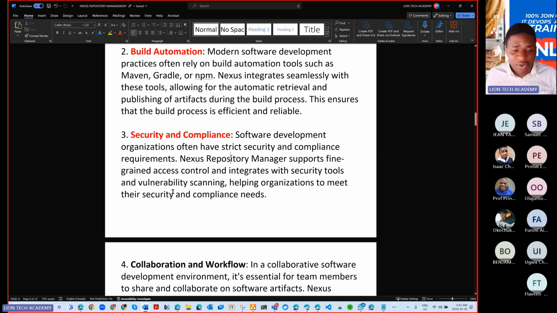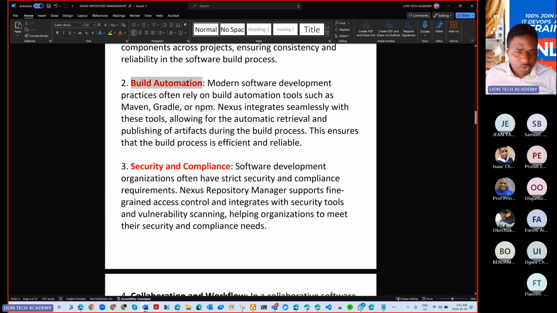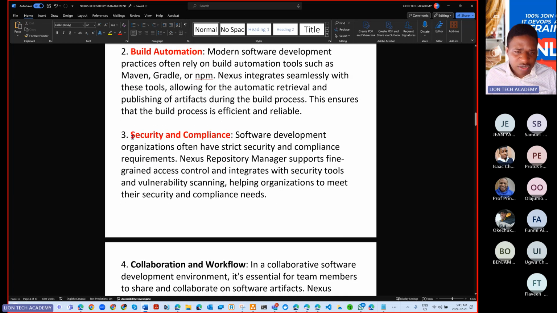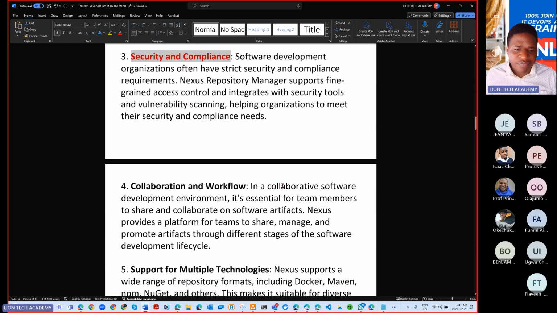So when the compliance auditors come in to check how secure the company's artifact environment is, they're looking at all the security and compliance controls that are in place. So as a DevOps engineer, we're going to set up build automation that enables Maven to integrate with Nexus, and again the security and compliance here is going to provide security control, all of that.